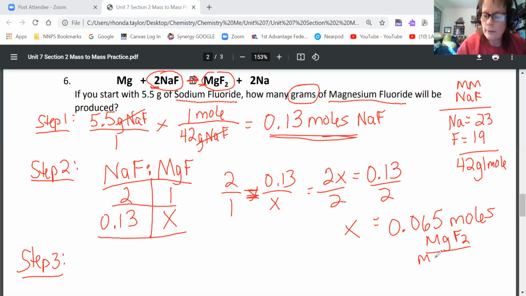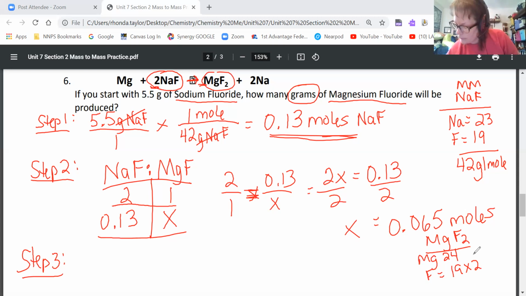So magnesium is 24 and fluorine is 19 times 2. Oh, there it is. Yeah, 24, 19, 38. And then when you add all that together, you get 62 grams per mole for magnesium fluoride.